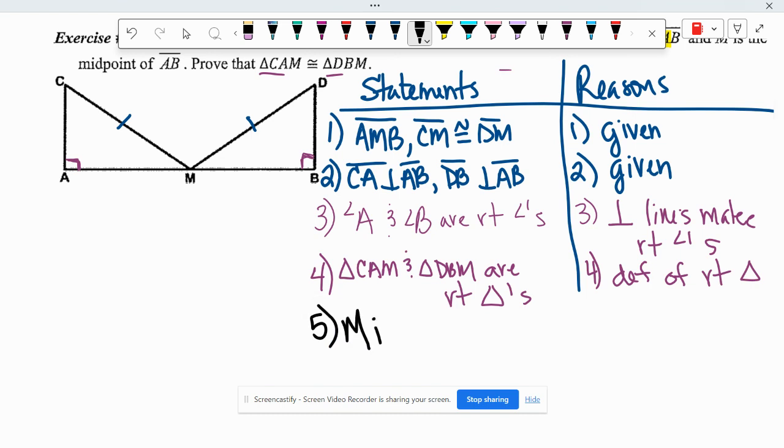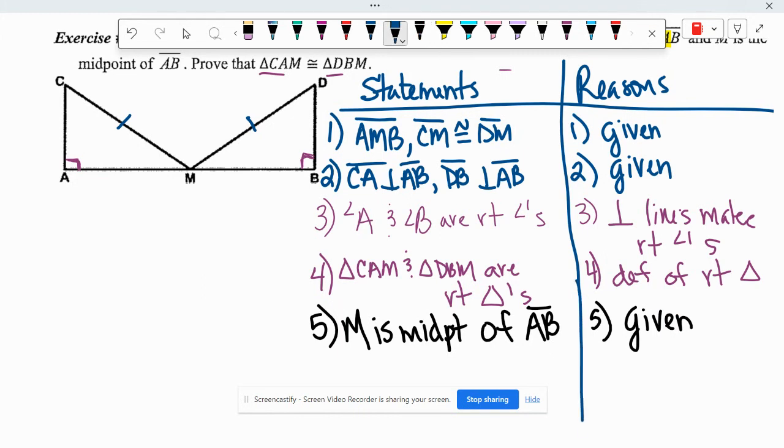M is the midpoint of AB. And that is given. I'm going to say that because it's given to me. We need to talk about what that lets us say. What do we know about a midpoint?